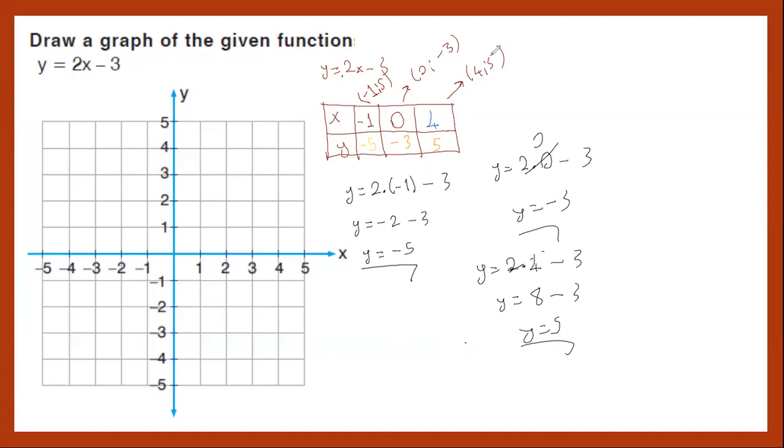Another next step, we are going to place them. Let's place them. -1, -5 is going to be here. And another point will be 0, -3. 0, -3 will be here.